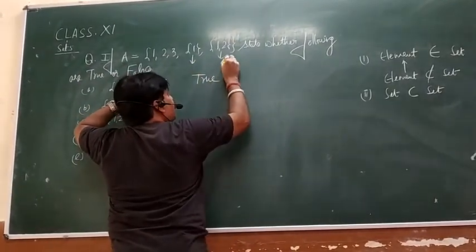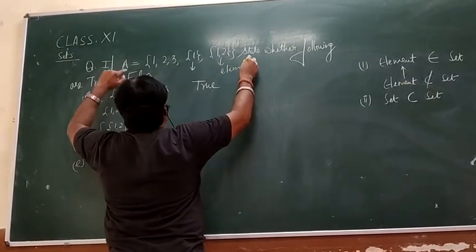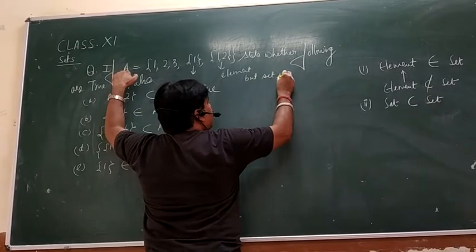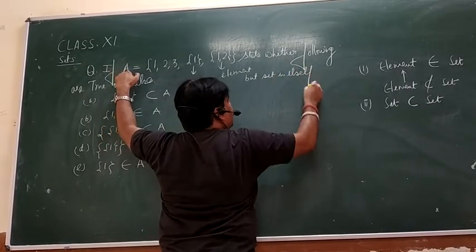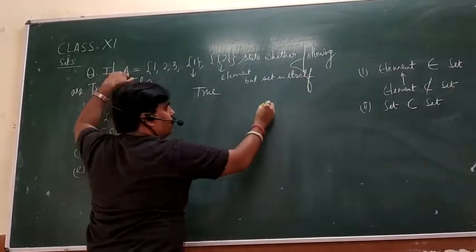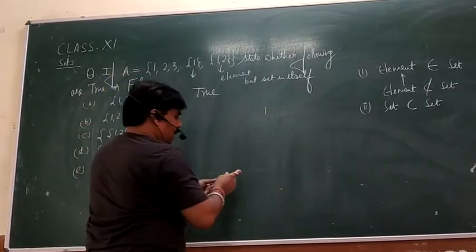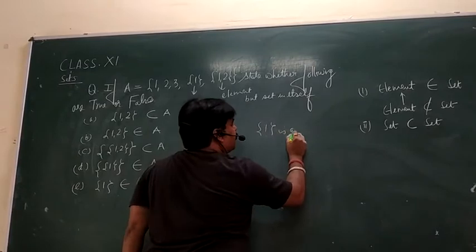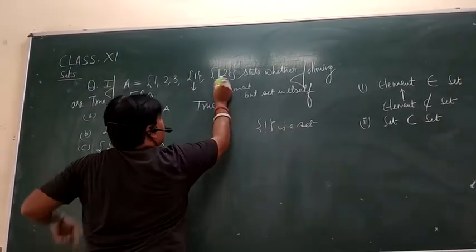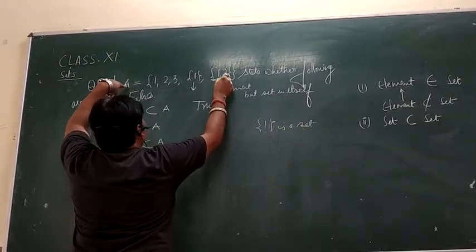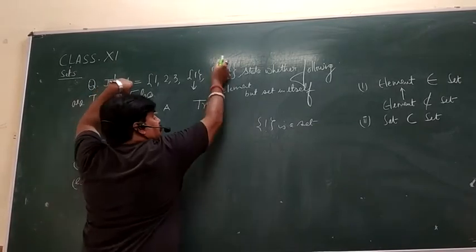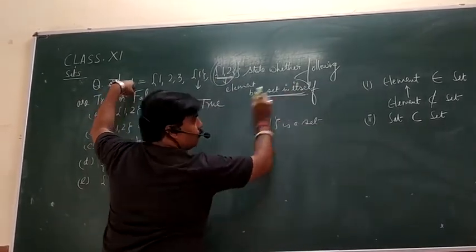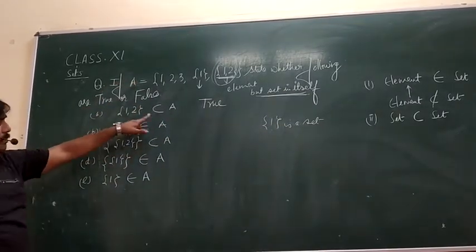This is an element for the set A, but it is a set in itself. Like 1 is an element, but if you enclose it in curly brackets, then it is a set. So this is an element for set A, but this element is a set in itself. Remember. That's why it is true.